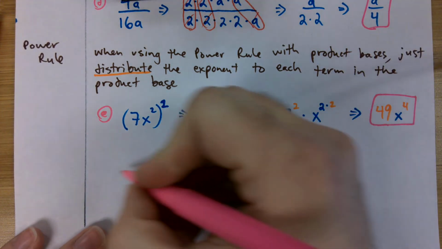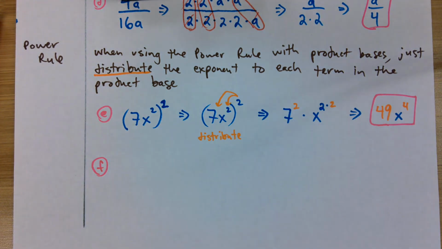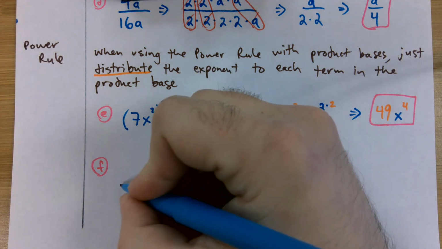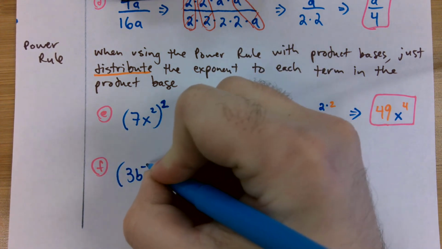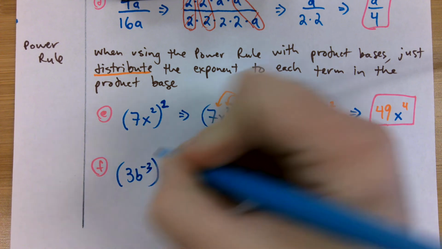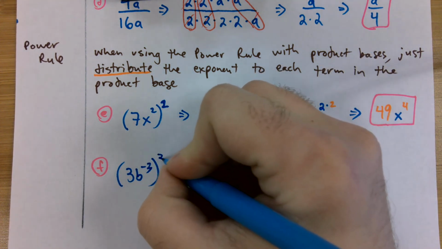And then last example, let's say we've got 3b to the negative 3 raised to the 3rd.